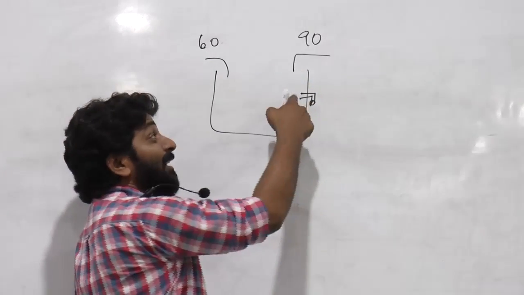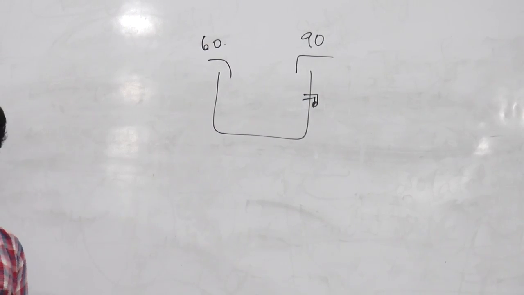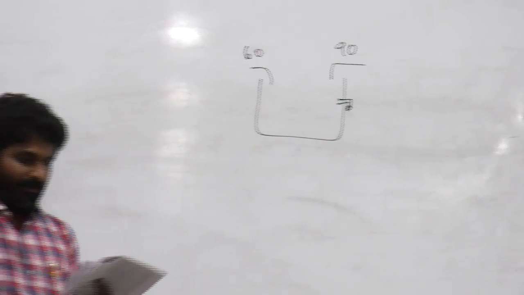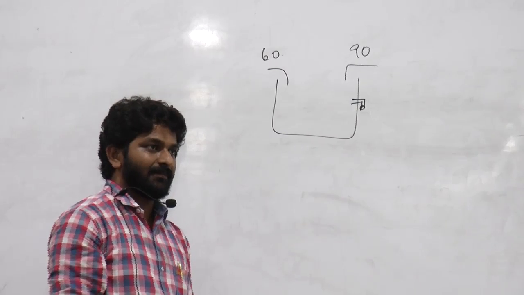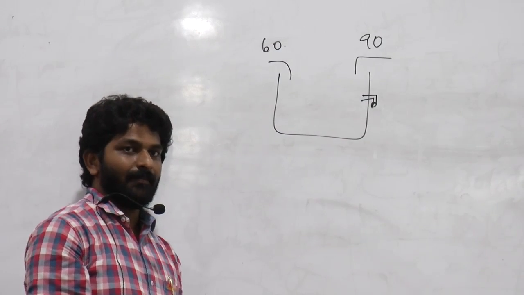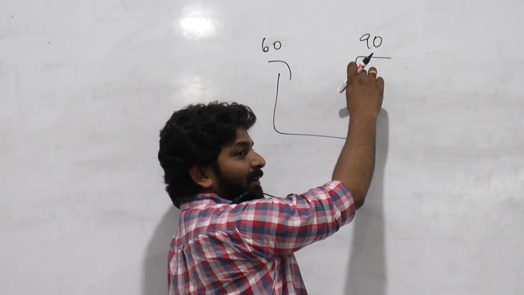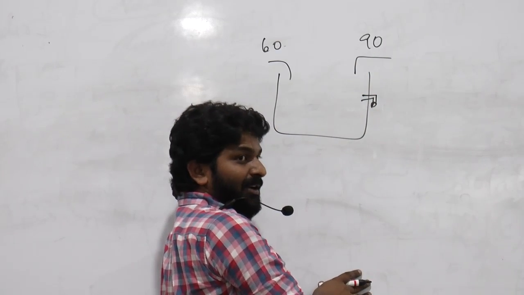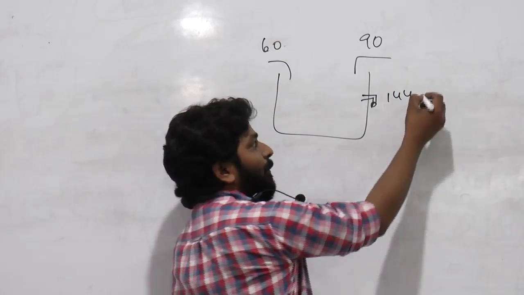In the sense, it can empty only 25% of the tank, and it can empty it in 36 minutes. To empty 1/4 of the tank it takes 36 minutes, so to empty the full tank it needs 144 minutes.